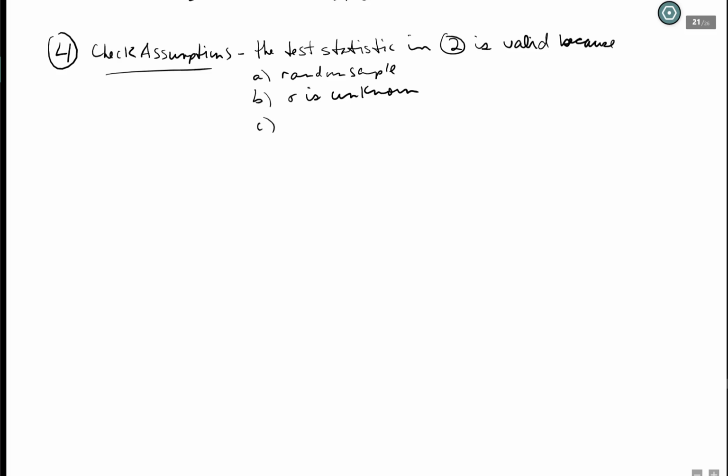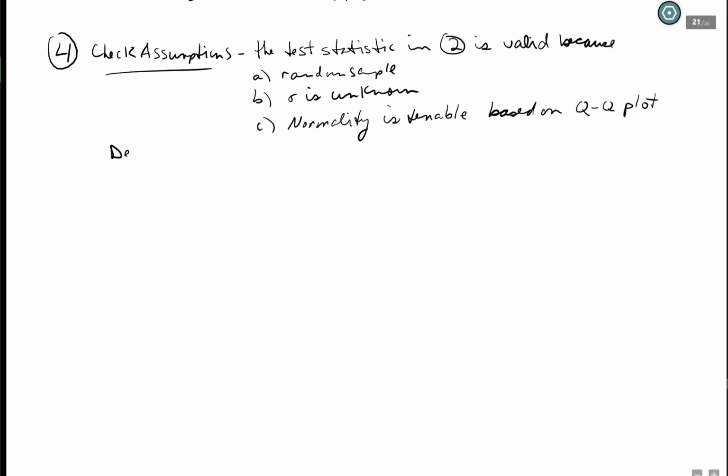But the other one we do need to check is normality, which was tenable based on the QQ plot. So assumptions, we're good to go there.